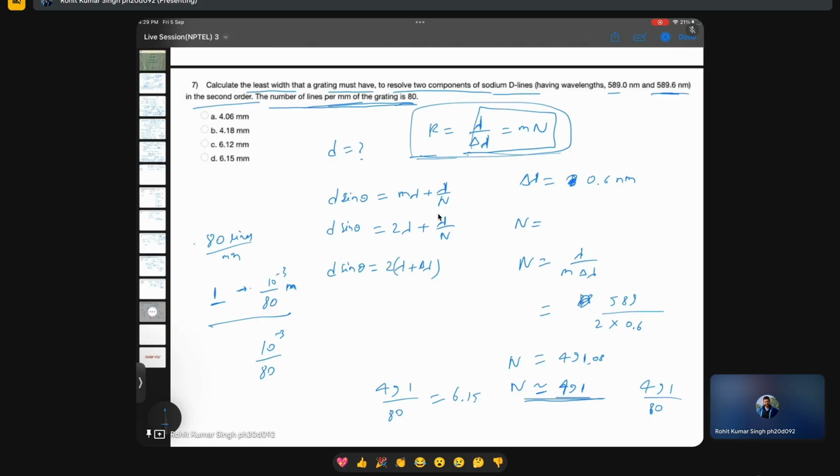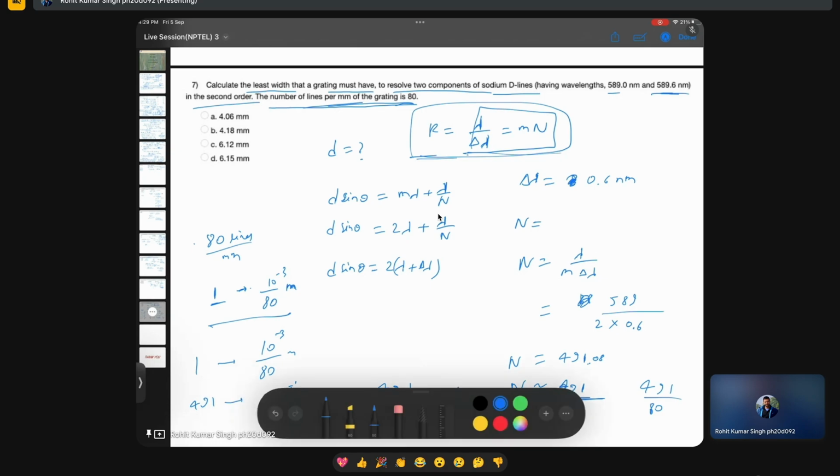One line, this is the width; 491 lines, 491 divided by 80, this is the width.